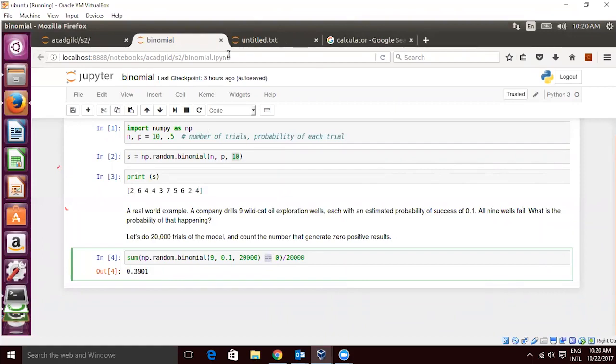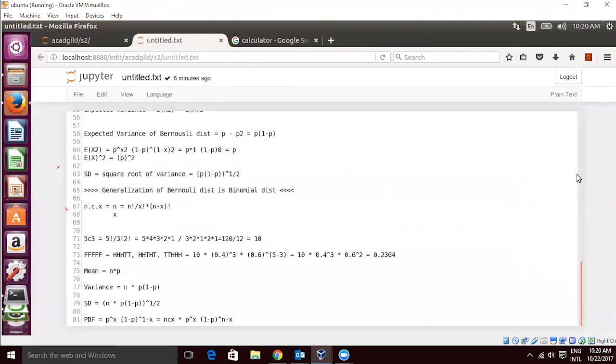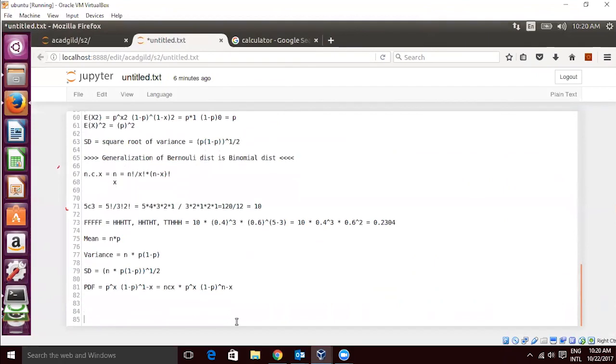Now let us discuss the motivation behind logistic regression.